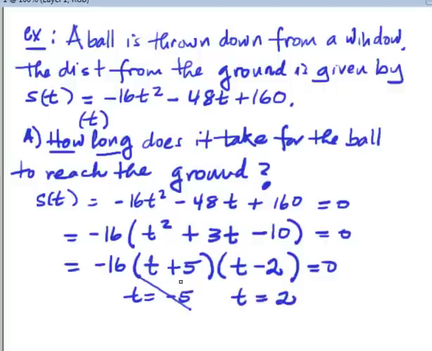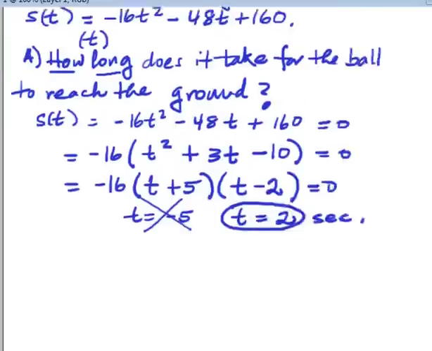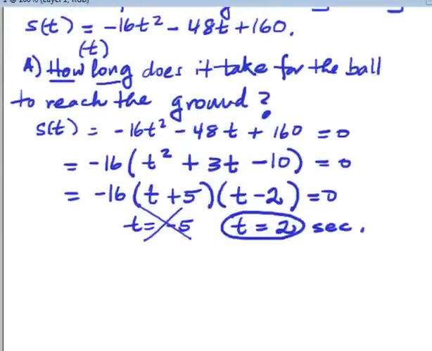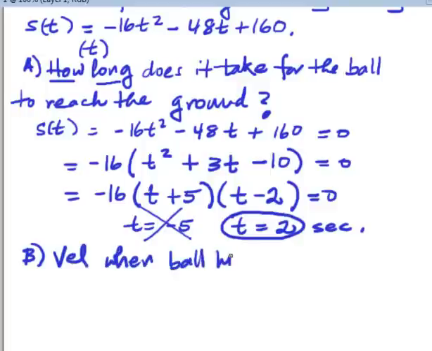And we reject the negative time values. All right, so t equal to 2 seconds, that'll be the amount of time that it takes for the ball to reach the ground. All right, now in part B, we are asked, what is the velocity when the ball hits the ground?